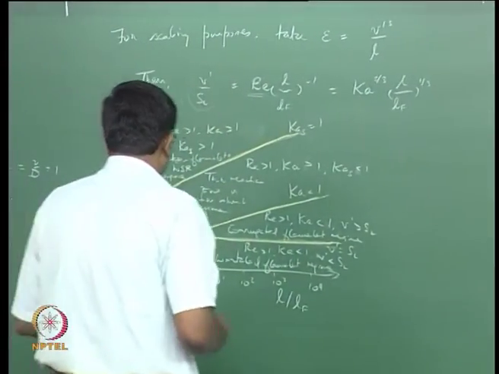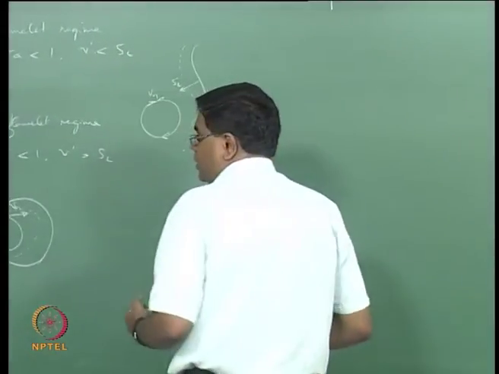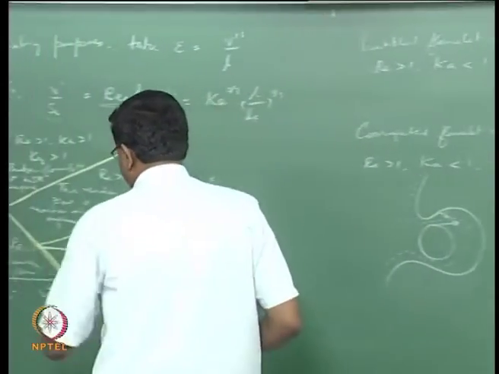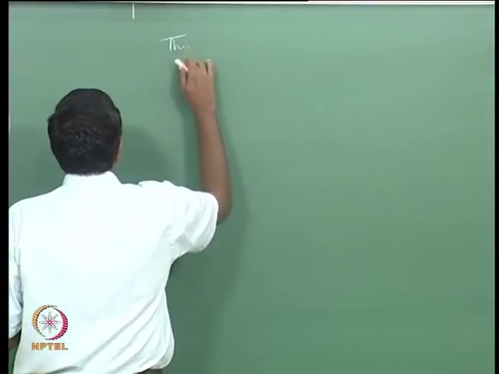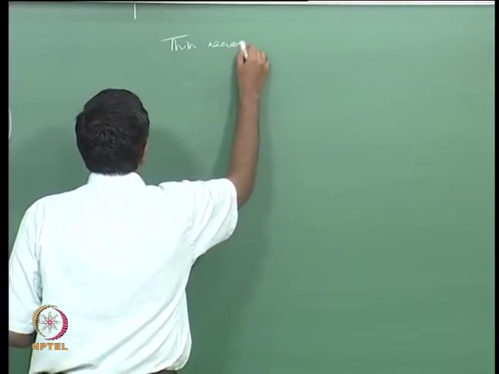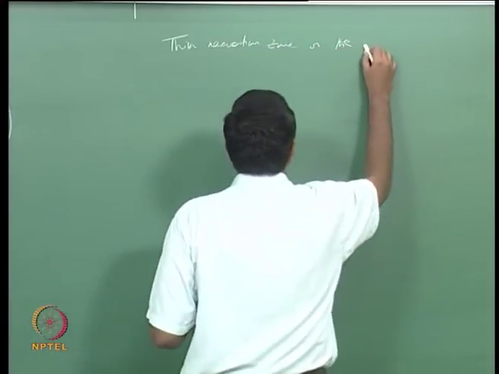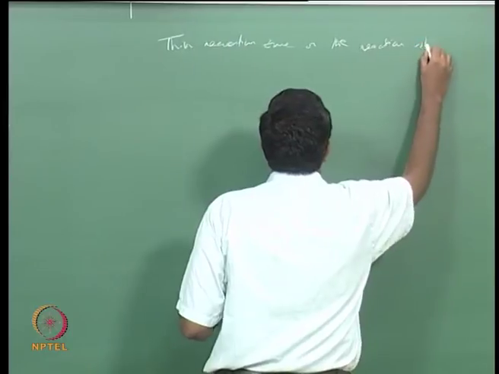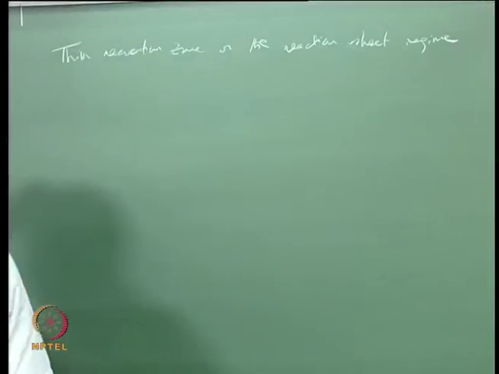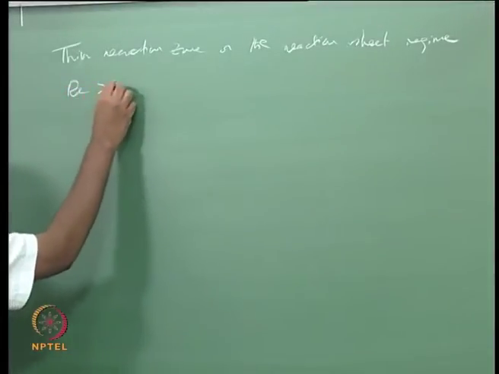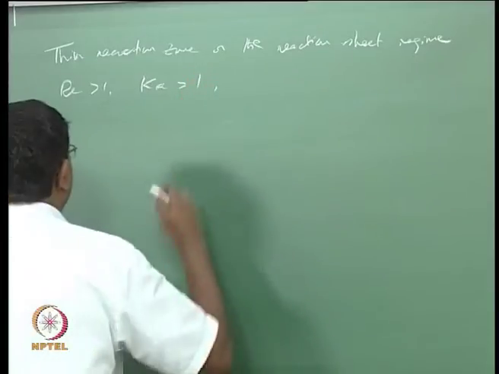Then we get into the thin reaction zone, or the reaction sheet regime. Here Re is greater than 1, Karlovitz is also greater than 1, and of course V prime is greater than SL.